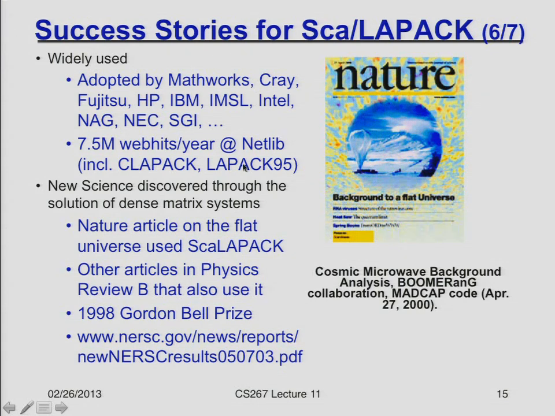And one of my favorite stories is a cover story of Nature from a while ago. The science problem that they were trying to answer is: is the universe going to expand forever or not? So what they did is they launched a camera on a balloon that aimed a radiation detector at the sky and measured the cosmic microwave background radiation in every direction. So for every pixel on the sky, it got a signal back.